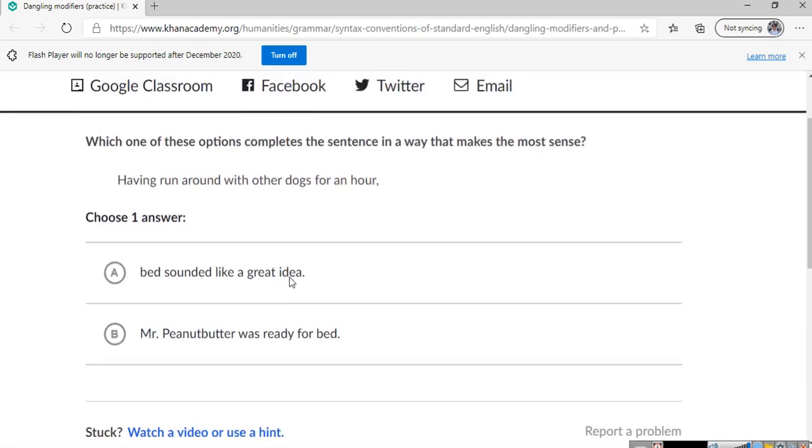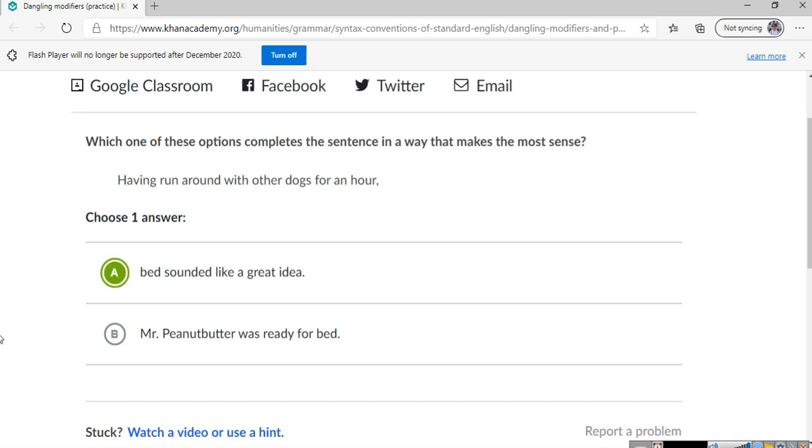Which of these options completes the sentence in a way that makes more sense? Again, the same type of question. Having run around with other dogs for an hour, bed sounded like a great idea. Mr. Peanut Butter was ready for bed. Milton, which one of these options do you think is correct? I think that sounds like a great idea.